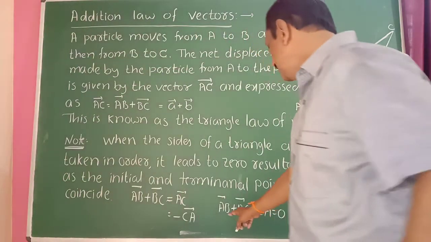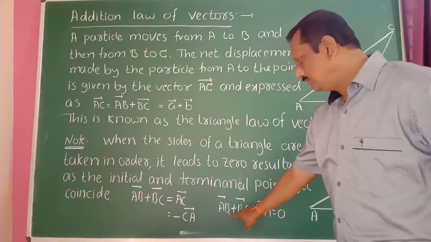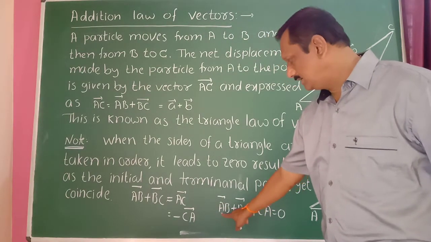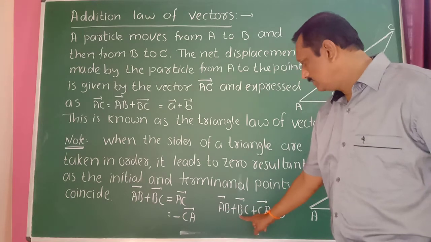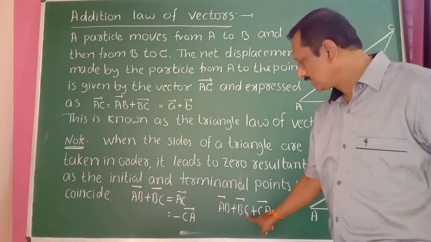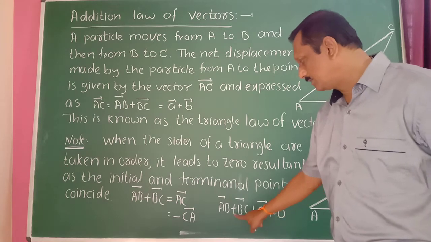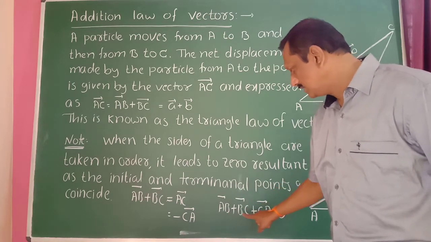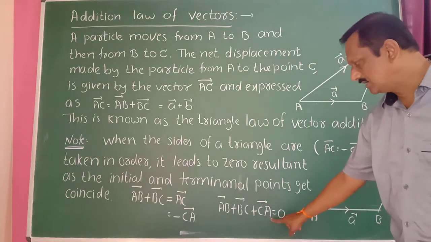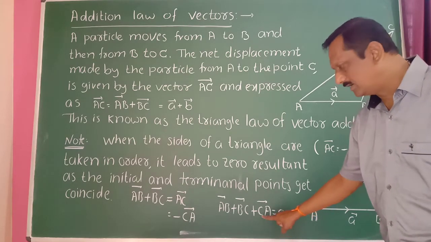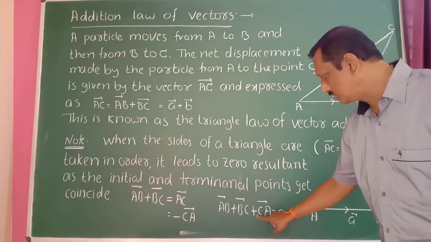Here AB is a vector in which A is the initial point and B is the terminal point. BC is the second vector. Here B is the initial point and C is the terminal point. Here both coincide. Then CA is one more vector here. C is the initial point, A is the terminal point. Here both coincide.